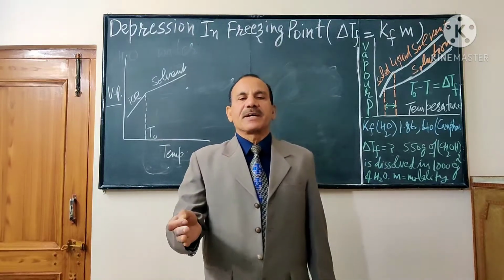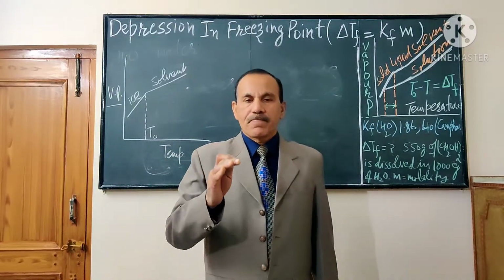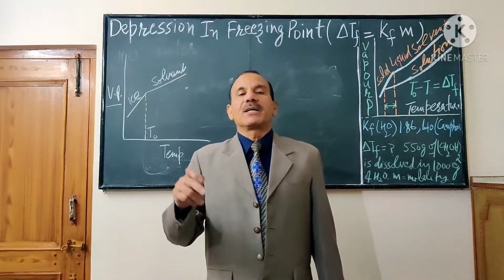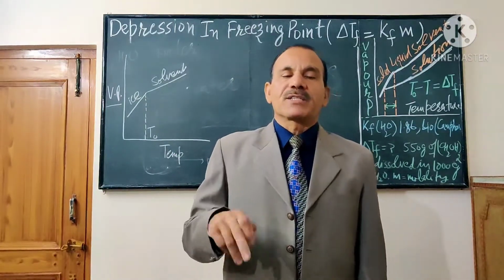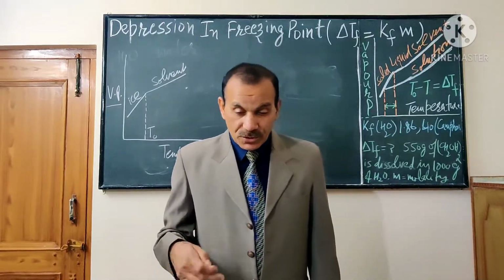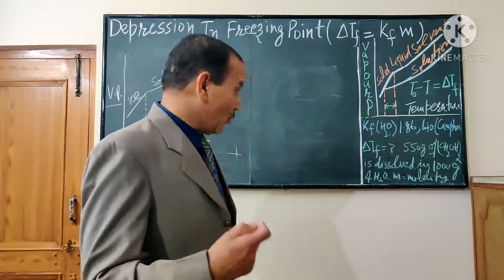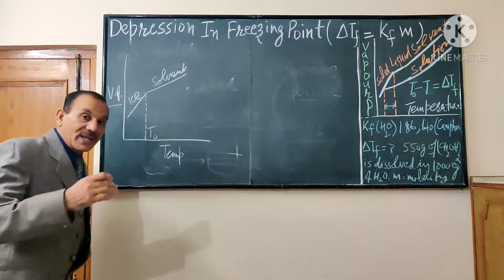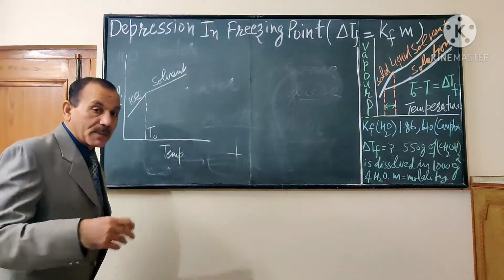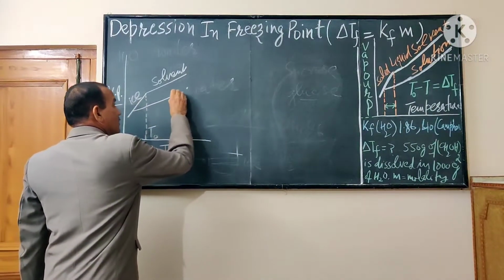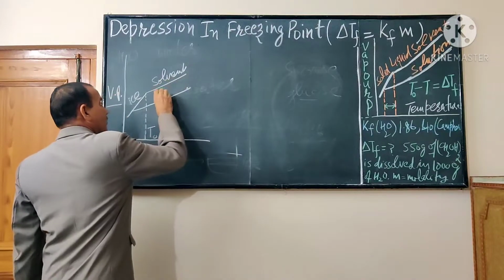Some surface area of the solvent in solution is covered by solute molecules, which are non-volatile. Solute molecules don't form vapors. If you decrease the temperature slowly and gradually and measure the vapor pressure, we get a curve like this. This is the curve obtained in the case of the solution.